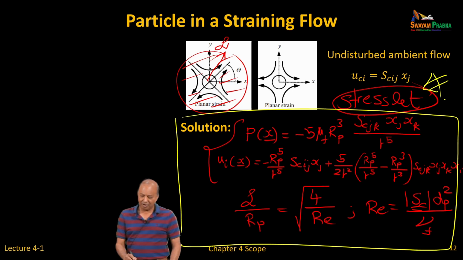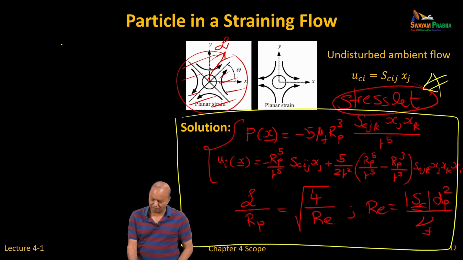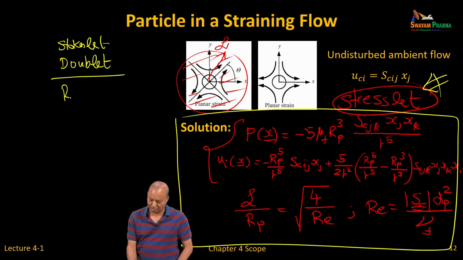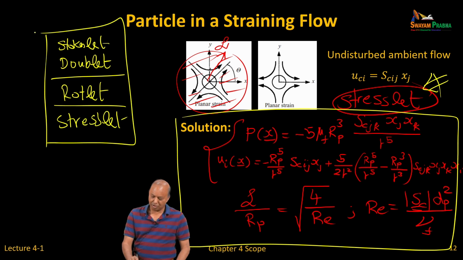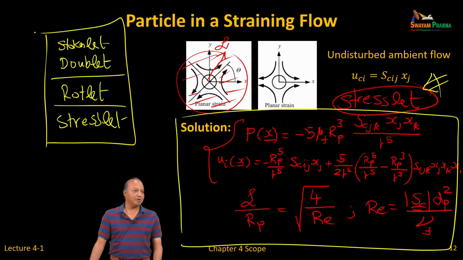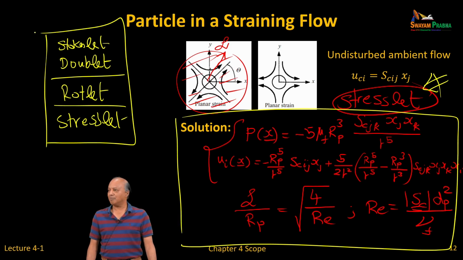So what we have so far covered is that for a uniform flow you have a Stokeslet and a doublet, and then for a rotating problem you get a Rotlet, and you get a stresslet. So this is how the perturbation flow is caused by the presence of the particle in varying ambient flows in the Stokes limit. Okay.